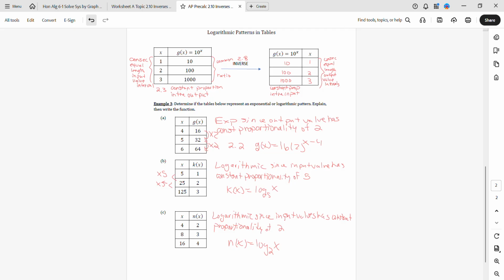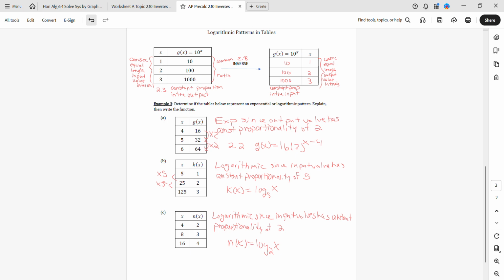For logarithmics, if the output is 1, like for B, it's like 5, 1. If you have that, would it always be the logarithm of that? Yes. It'll be the times 5, because here it's times 2, so I wouldn't want to put the 4.